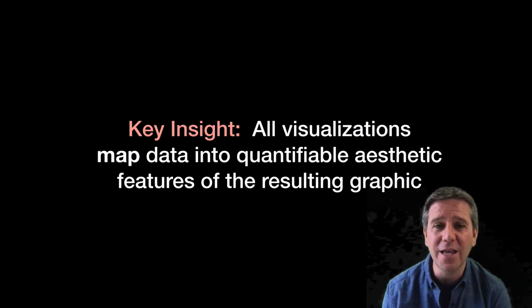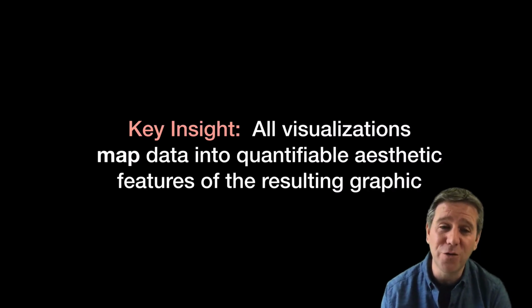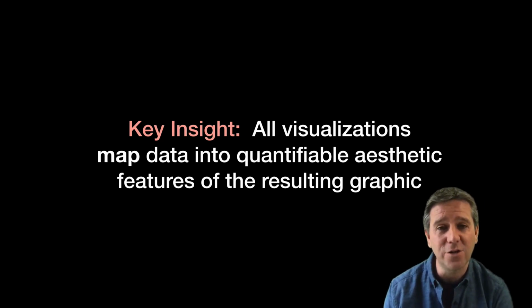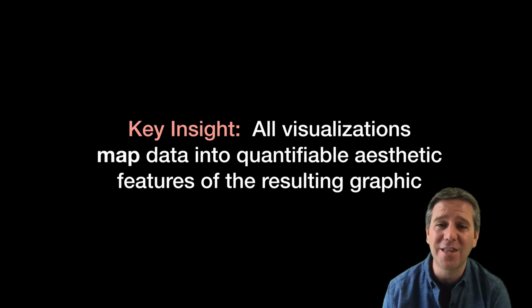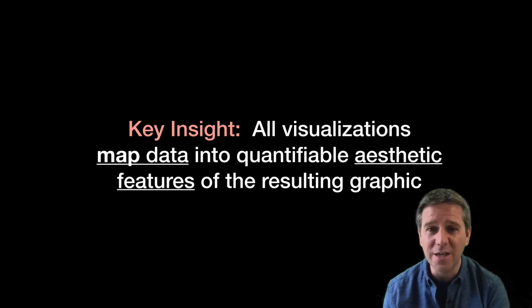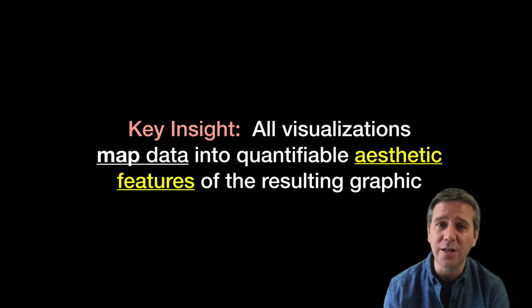Now, a key insight that's really beautifully reviewed in these two recent texts, but based on a lot of earlier work, is that all data visualizations at their core map data into quantifiable aesthetic features of the resulting graphic or figure. So the key points here are the data being mapped to these things called aesthetic features.